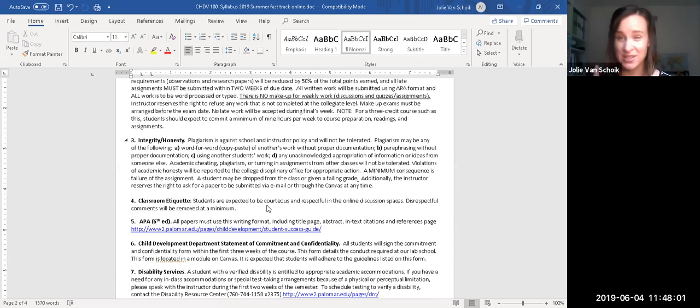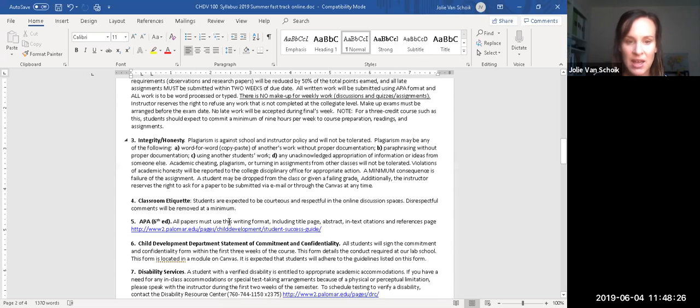Sometimes sarcasm, humor, things like that can be hard to convey in tone if you are online. So if you are trying for humor or to be funny, use your emoticons, your emojis, anything like that, or tell us that you're being sarcastic, or maybe try to avoid it altogether because it can be hard to convey humor online.